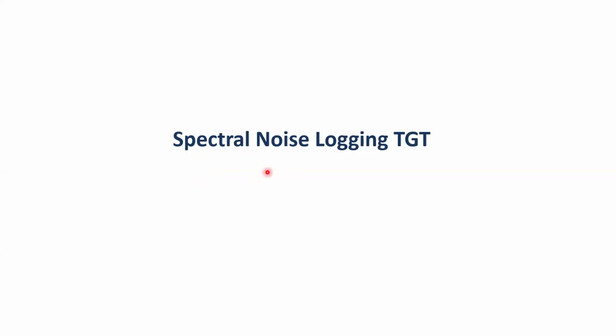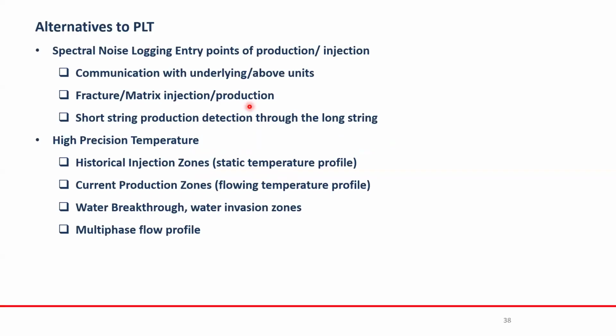It depends on spectral noise logging. If gas comes from the formation, it makes a noise. And if you have oil or gas coming up from the formation, it makes a noise. So, a spectral noise.